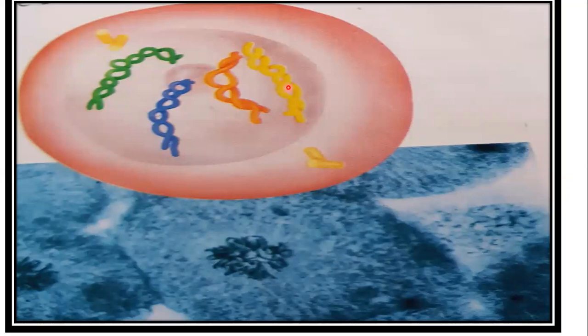Chromosomes condense from long strands into rod-like structures. This phase we call prophase.